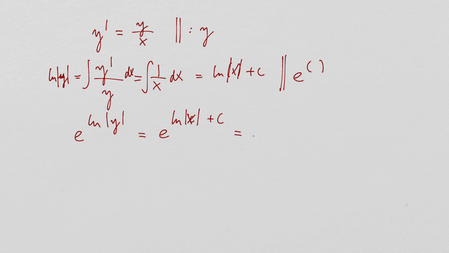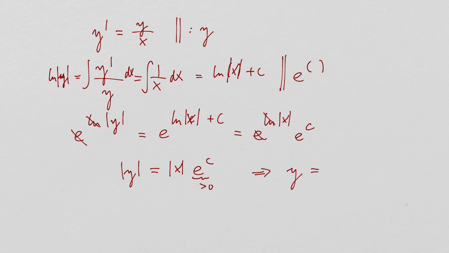Let's use some rule of exponentials in the right hand side. Now we can cancel out these exponentials and logarithms, and we will get that absolute value of y is absolute value of x times some positive constant. Well, we can forget the absolute values and get that y is some constant times x.